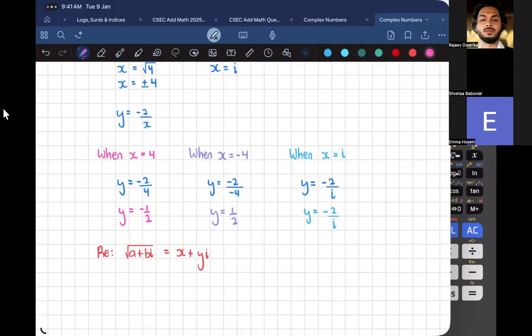So the first solution for the square root, I believe the square root of it was 3 minus 4i. It's going to be equal to 4, plus minus a half is just minus a half i. You're okay with that? That's the first one. Then the other one is going to be minus 4, plus a half i.